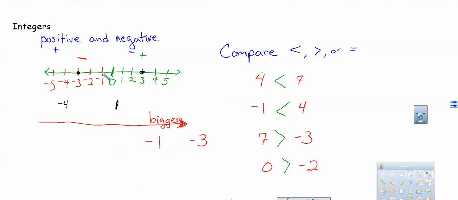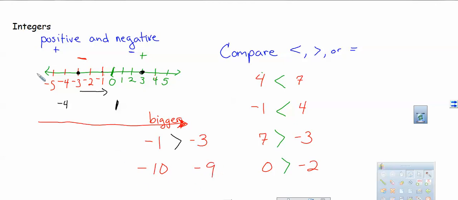Here's -1. Here's -3. -1 is more to the right. It's going this way, remember, so -1 is bigger. -1 is greater than -3.